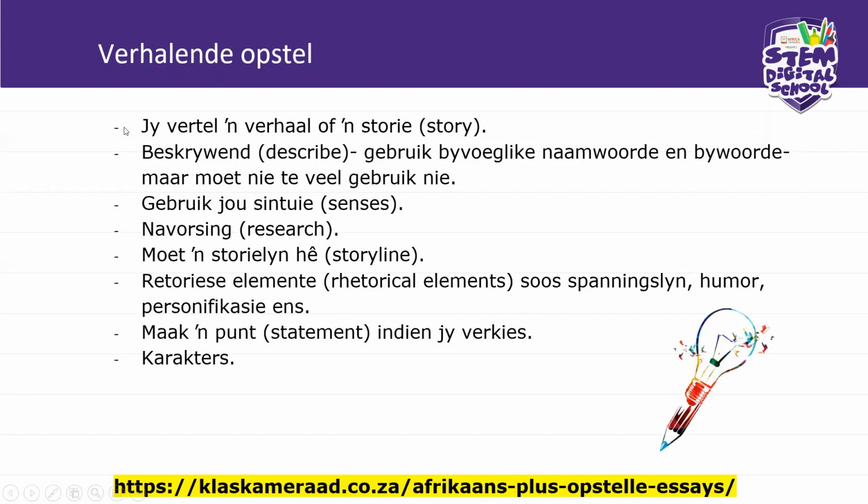Every narrative essay or verhaal does have characters in it. You must have characters, especially when you're going to describe them. I want to know how the character looks, what he or she does, something like that. So describe your characters. Another important aspect is chronology. Tell your narrative essay or your verhalende opstel in chronological order.